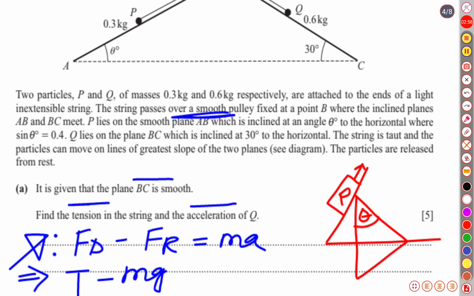Both the surfaces are smooth. So mg sin theta, where the mass of the particle P is 0.3, then 0.3 a.